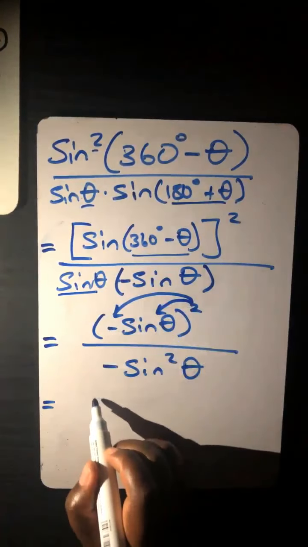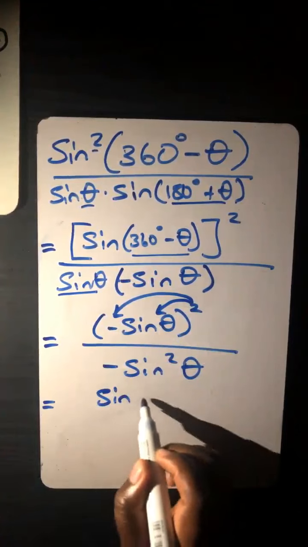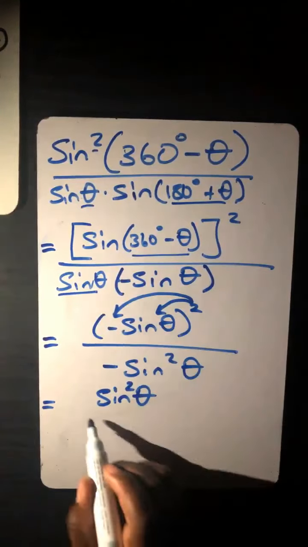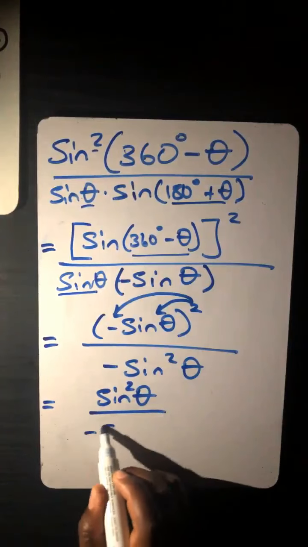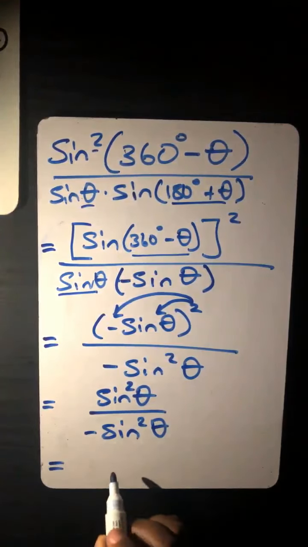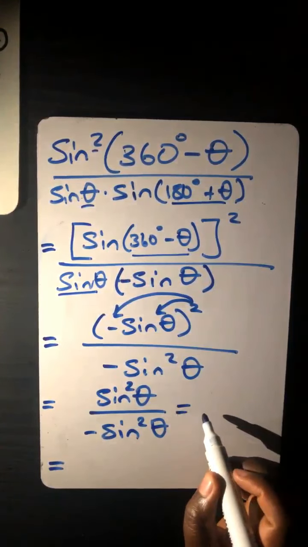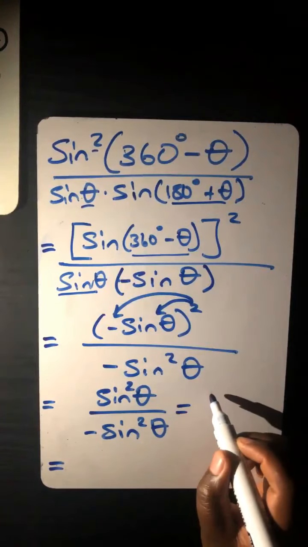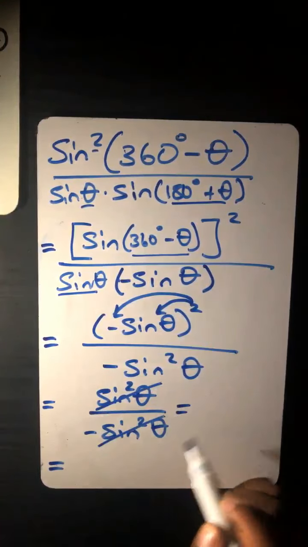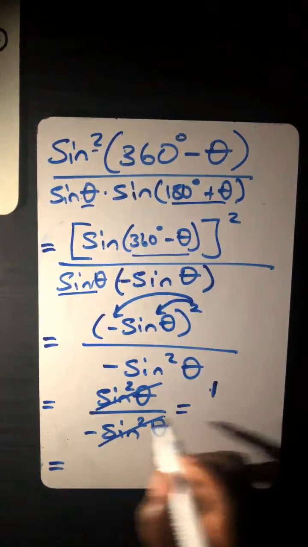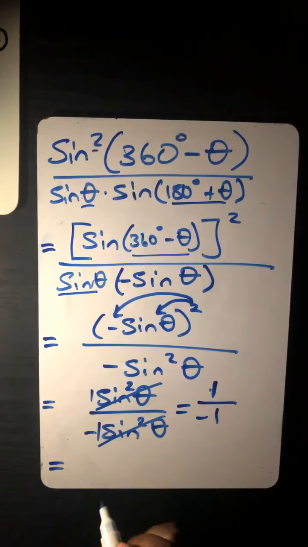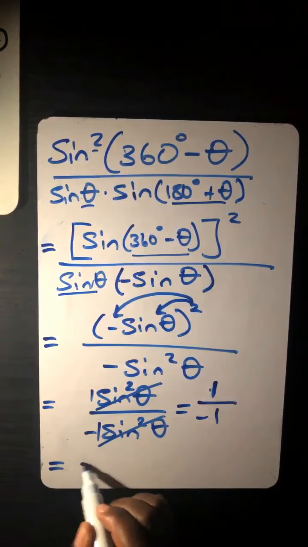It is positive 1. So you have positive invisible 1 angle. Remember that that squared, it also squares a sine divided by negative sine squared angle. So this thing is actually the same as, can you see, that one is going to cancel. That one is going to cancel. Then you remain with positive invisible 1 there over negative invisible 1 there. So 1 divided by 1 is negative 1.